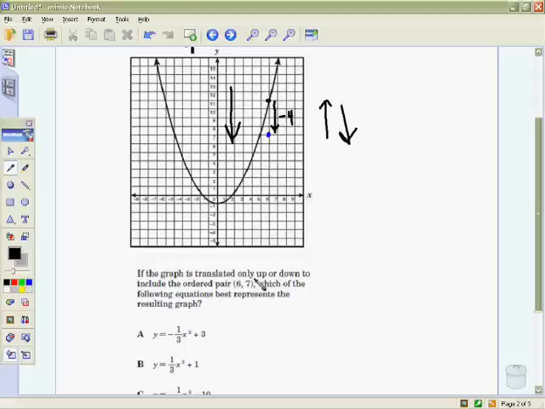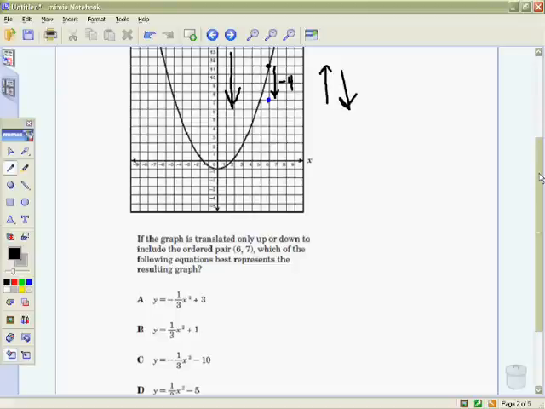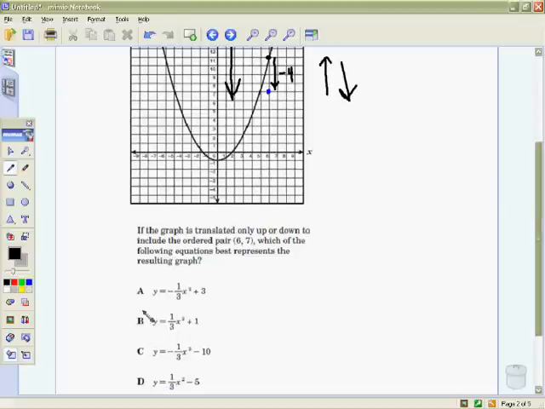If that's the case, let's look at our answer choices. I can automatically cancel out A and C, because I've got a negative in front of my x squared. When you have a negative in front of the x squared, that means your parabola opens downward, and obviously my parabola opens upward. That's why I can cancel those two choices out.